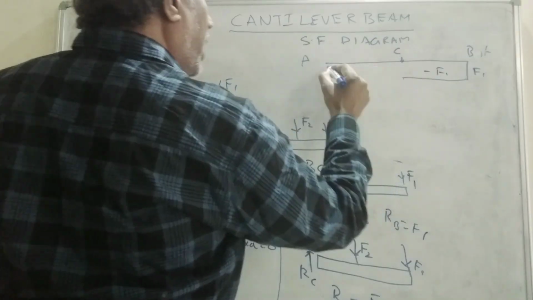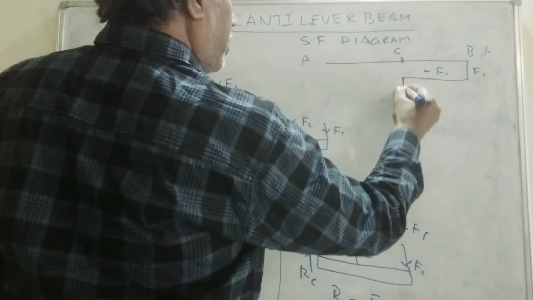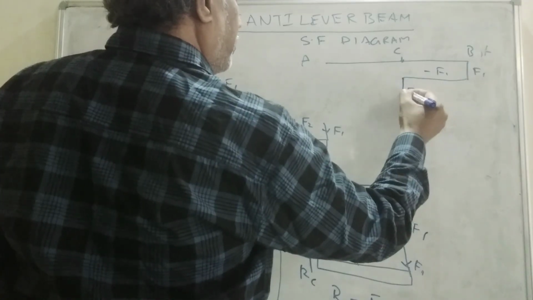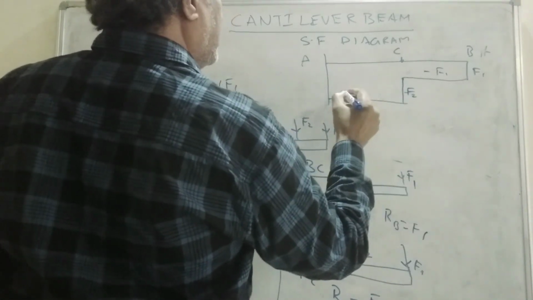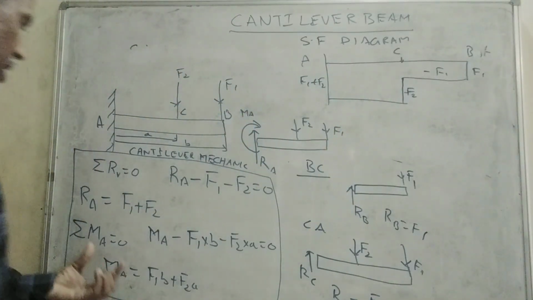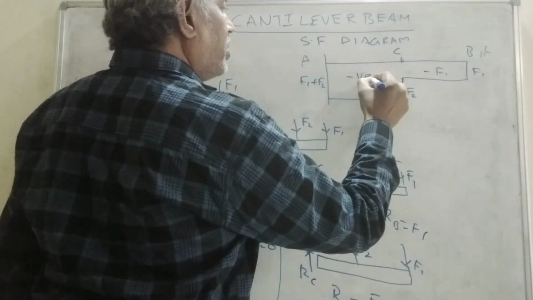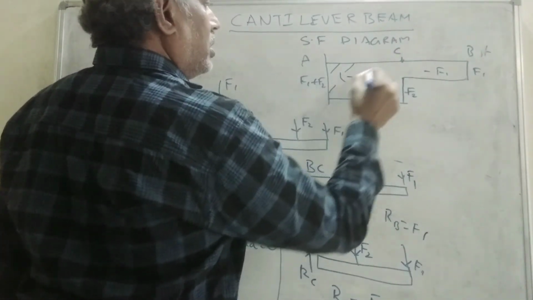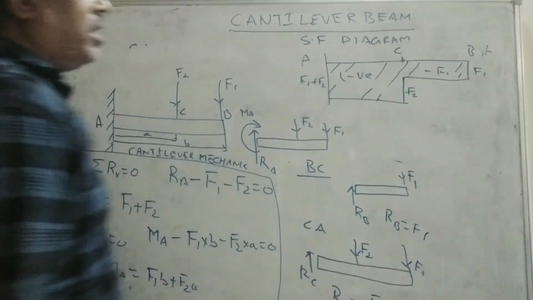Now from C to A, the value of shear force is F1 plus F2. Up to here, this is F1 plus F2. Now this F1 plus F2 is nothing but RA, the reaction at A. So this is a negative shear force.